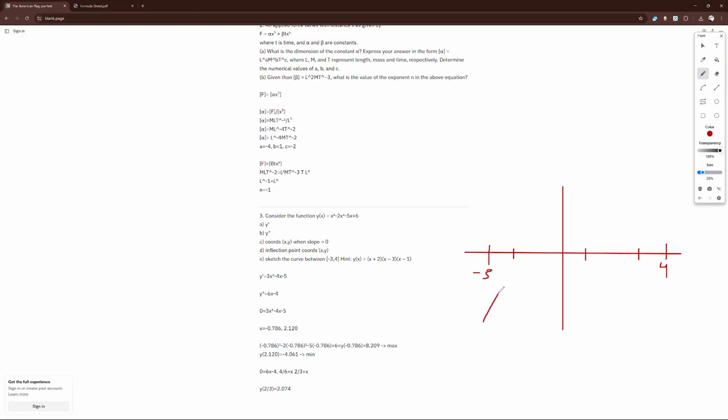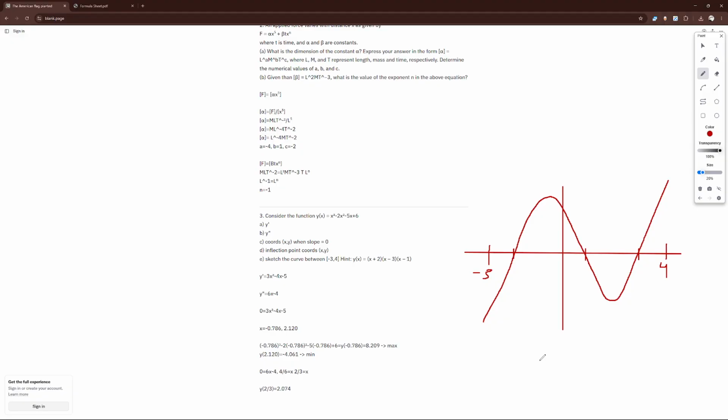So you just go up like this. You hit your maximum here, which we calculated at negative 0.786, 8.209. And you go down, you hit your y-intercept. You go like this. You hit your minimum, which we also calculated. You go back up to your max, and then you go here. This is what your graph should look like. General shape.